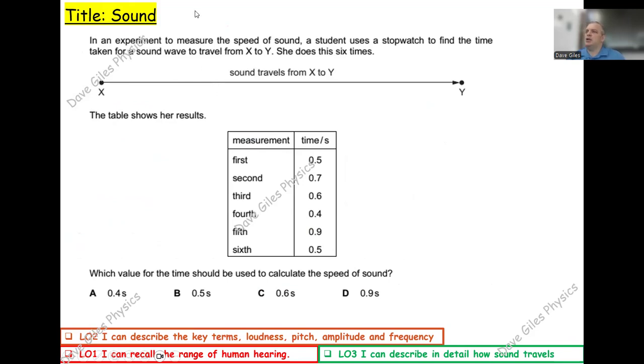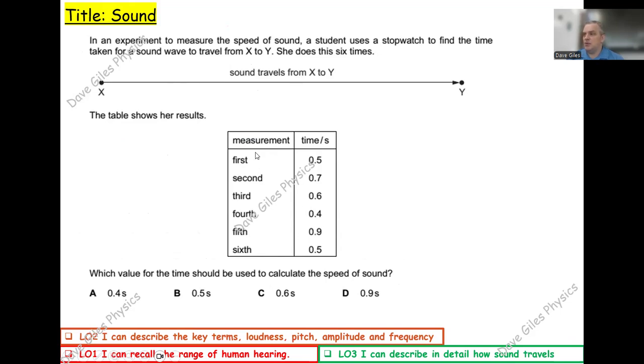Okay, so it's a calculation. An experiment to measure the speed of sound. The student uses a stopwatch to find the time taken for a sound wave to travel from X to Y. She does this 6 times. For which value of the time should be used to calculate the speed of sound? For this one, actually, it's not even really related to what we've covered today. This is just taking a mean.